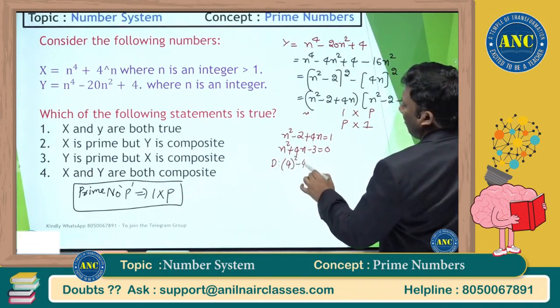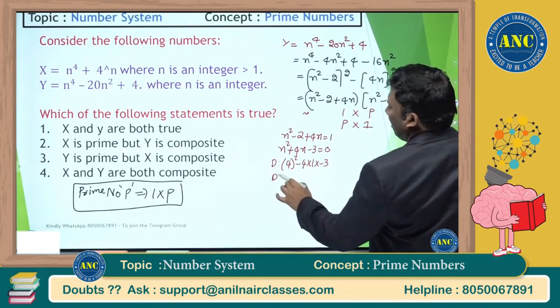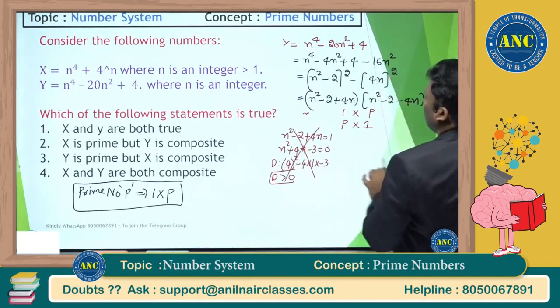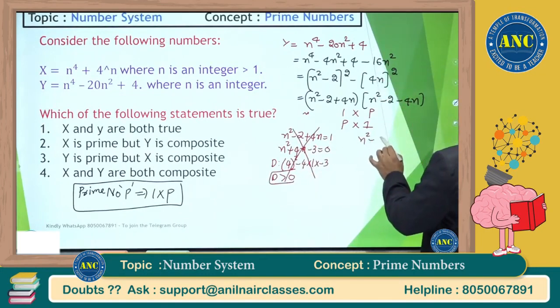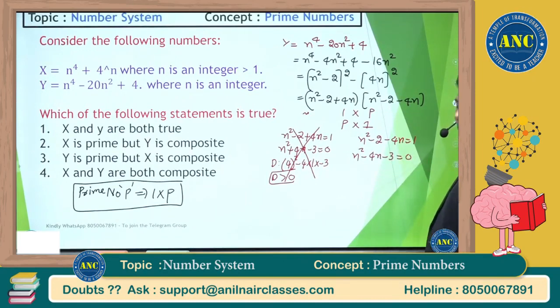B square minus 4ac, 16 plus 12. D is greater than 0, not a perfect square. Not possible. Similarly, n square minus 2 minus 4n equal to 1, n square minus 4n minus 3 equals 0.